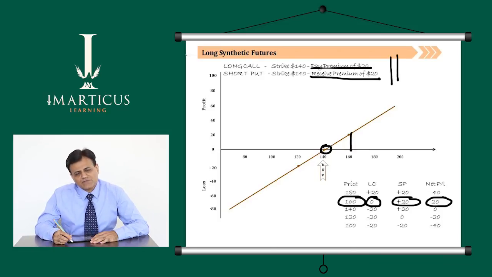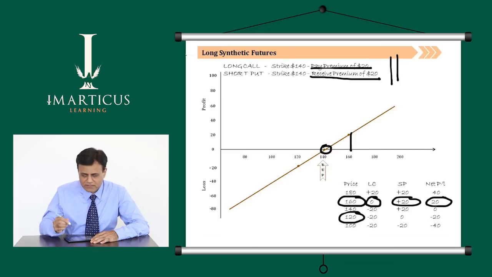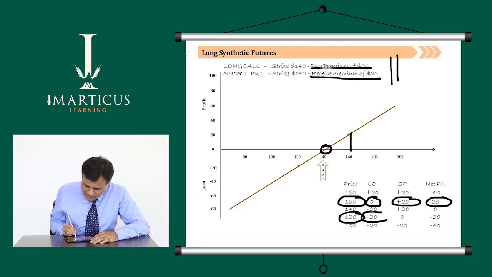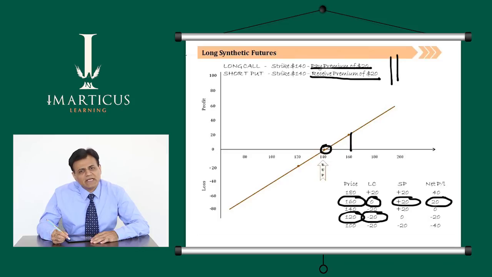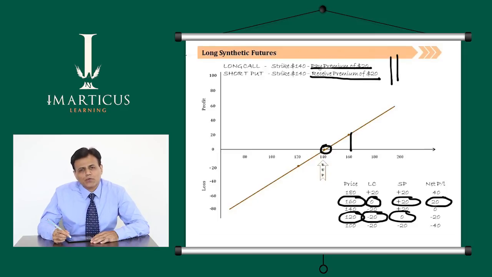If the prices were to fall, let's say to $120, we would lose the call premium that we have paid, and hence the long call will be a minus $20. The put will, however, yield no profit or loss, given that the break-even point of the put would be $120.